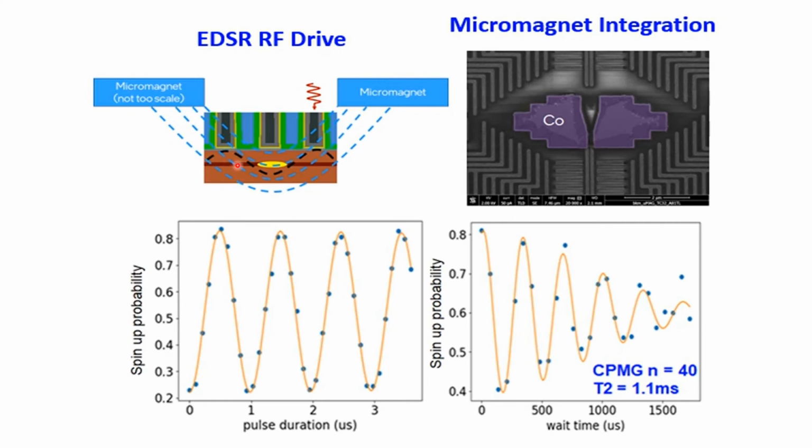As we can see, the darker brown line here is a layer of silicon germanium, the lighter brown is the pure silicon 28 material, and the yellow one represents the qubit. Instead of applying an oscillating magnetic field as with the ESR line, here we place a micro cobalt magnet on top of the qubit.